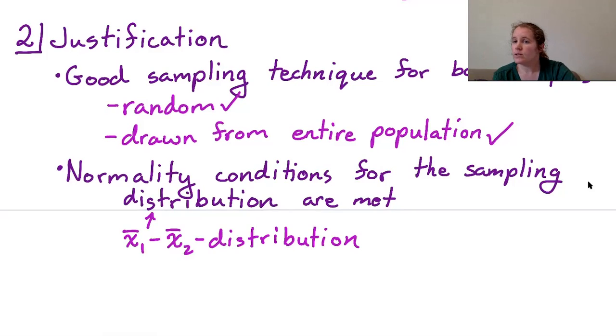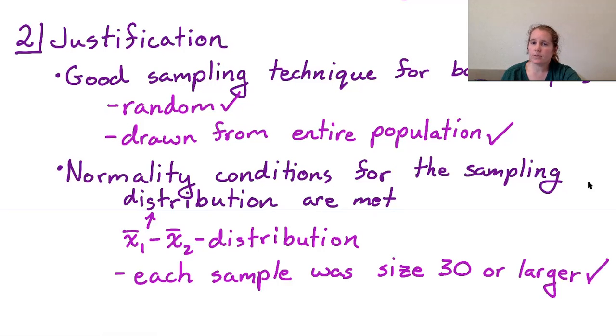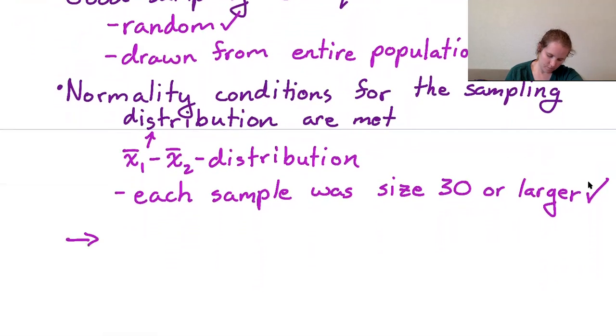So again, we just need either the population data to be normal, which we don't know, or we just need each sample to be at least 30. So each sample was size 30 or larger. So we meet our condition for normality. So we can run the confidence interval.